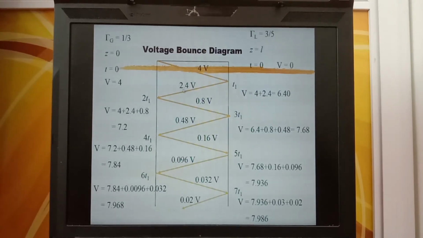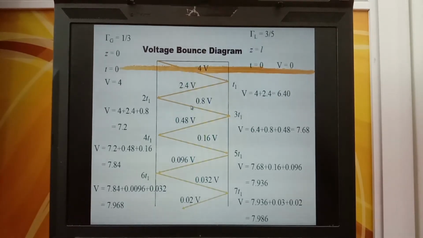The reflected wave of 2.4 volt in the form of a transient is reflected back to the generator and reaches the source end at time 2t1. And the reflection coefficient at the generator is 1/3. So the voltage that is reflected at the generator will be 1/3 times 2.4.